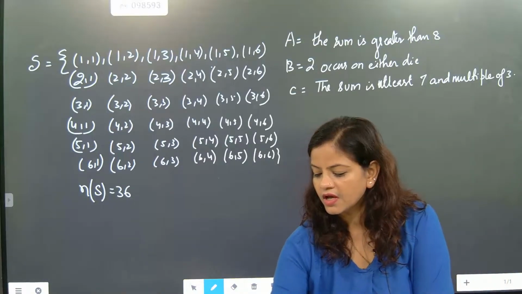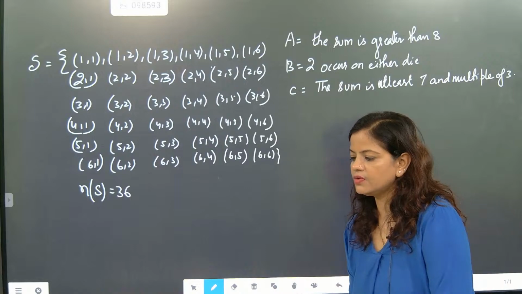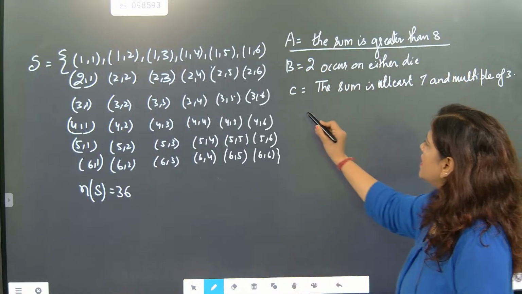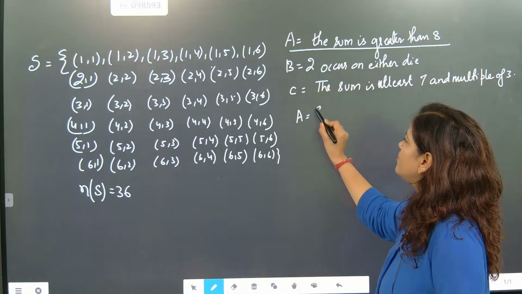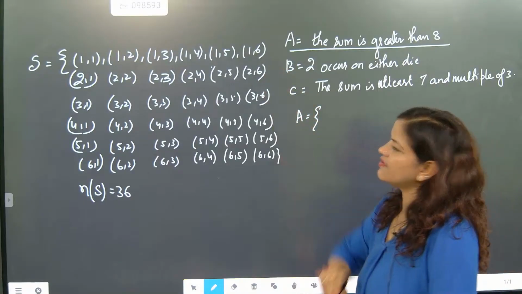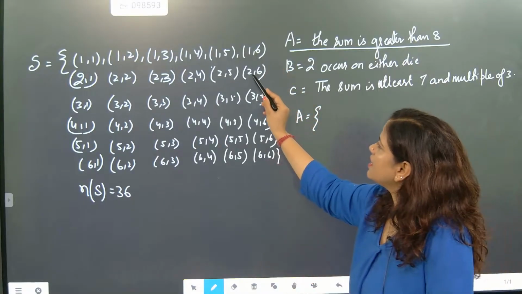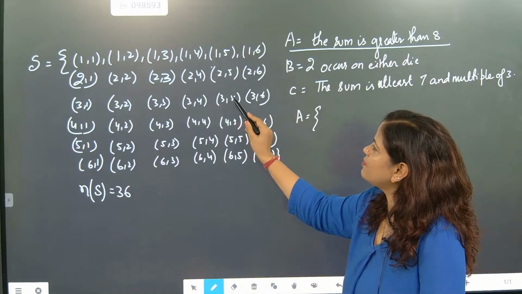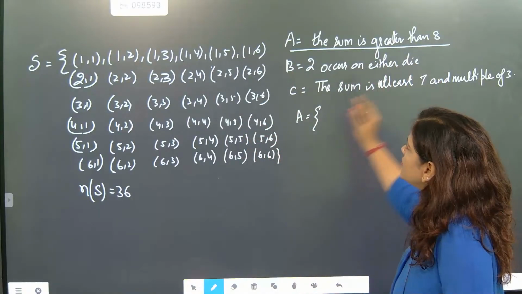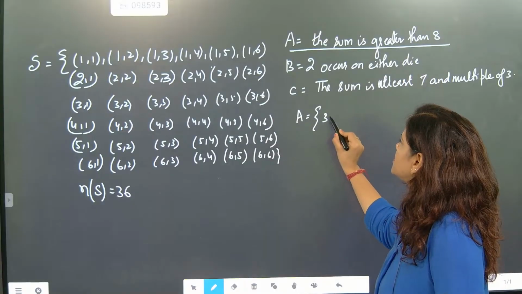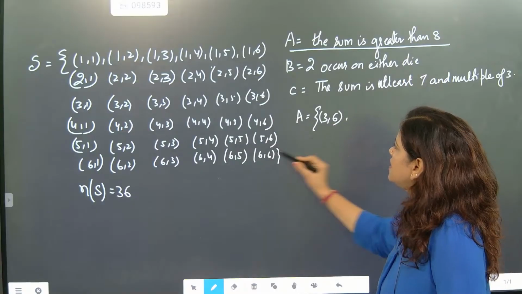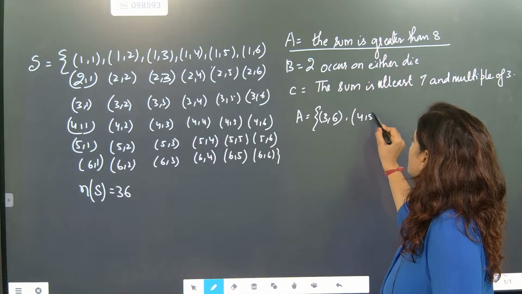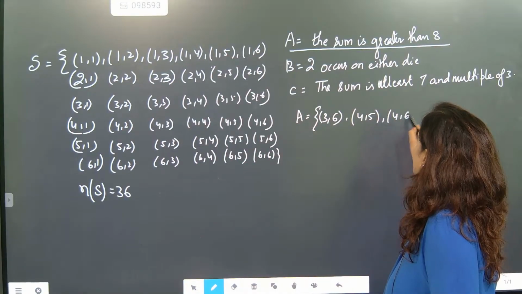So this is the situation they are asking from us, and we have to go for this. What next work are we going to do? First we will find A. Set A must have which elements? 6 plus 1, 7. Maximum coming 7. Here 6 plus 2, maximum 8. Here 5 plus 3, 8. They're telling the sum should be greater than 8. Then first is (3,6). Next (4,5) and (4,6).